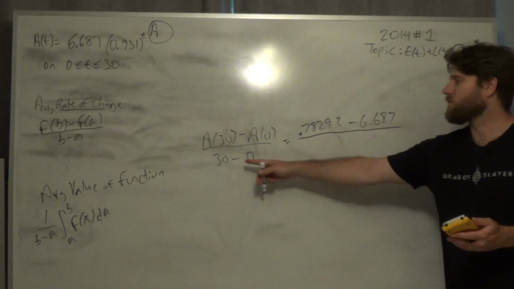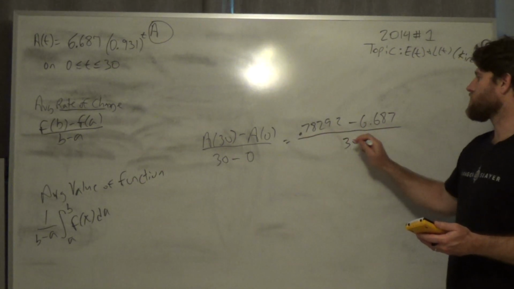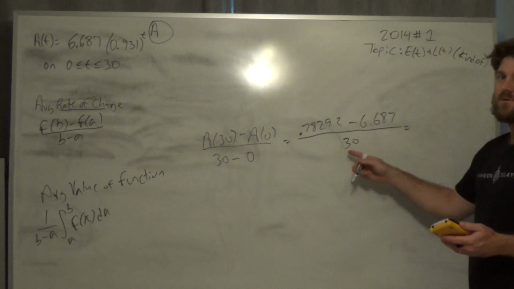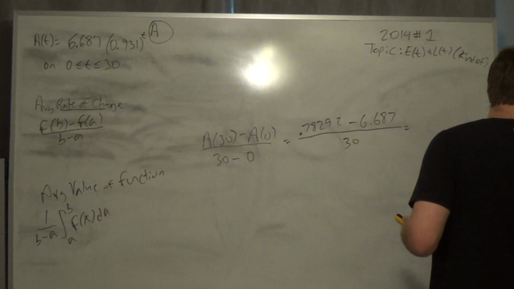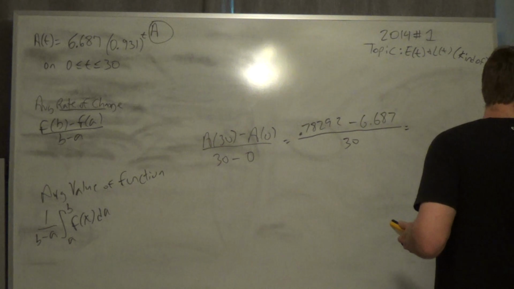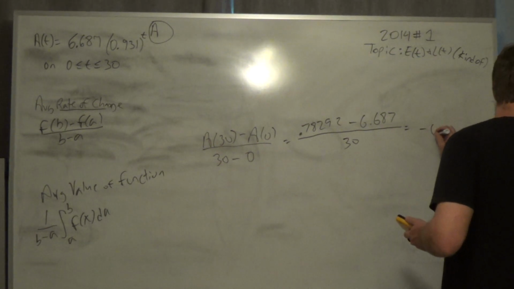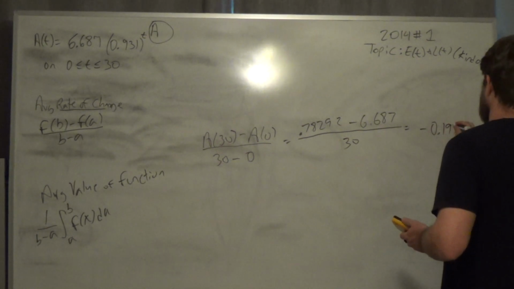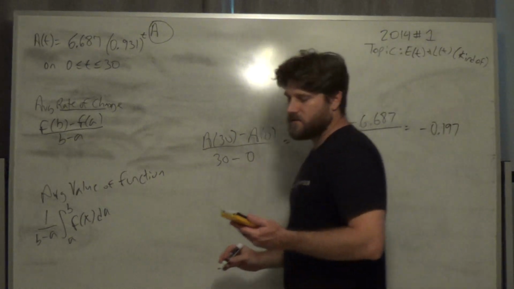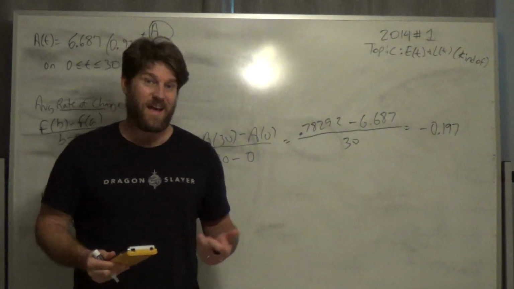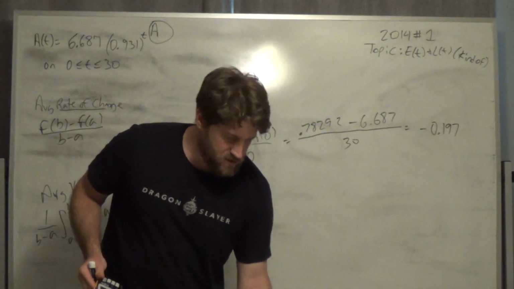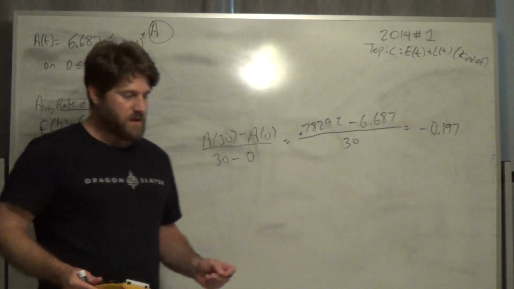And then over 30 minus 0 is just simply 30. And if you type all this into your calculator, you will get the answer of negative 0.197-ish. Now, they also ask for units. If you get the answer without units, they actually give you no points. They need answers and units both to give you the points.